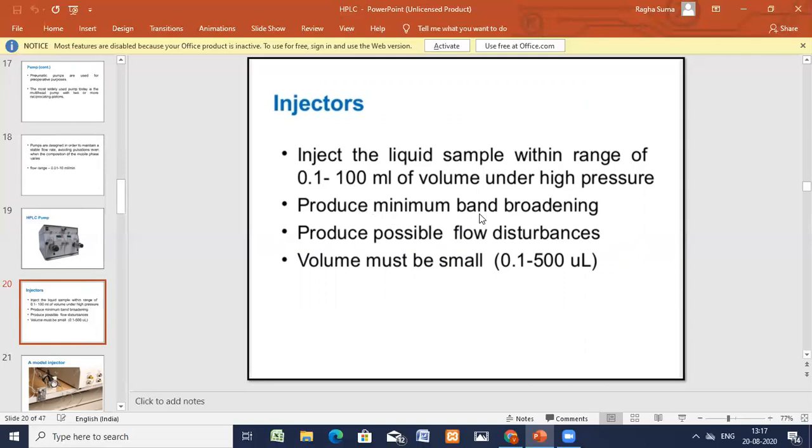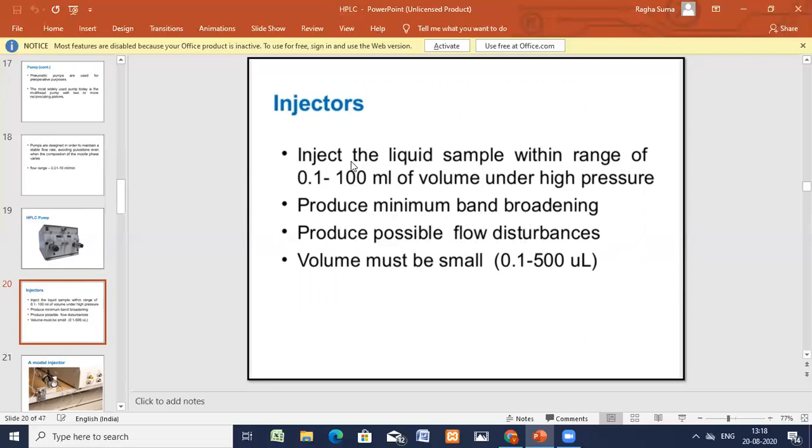They produce minimum band broadening, and possible flow disturbances must be avoided. The volume must be small. Very little volume should be injected. So these are the basic functions of an injector.